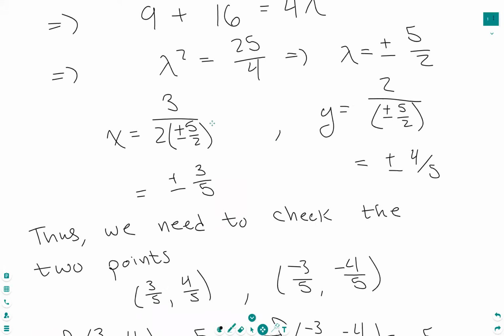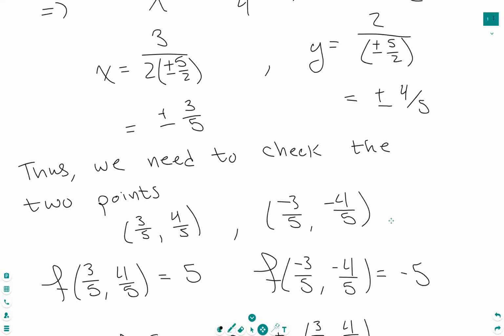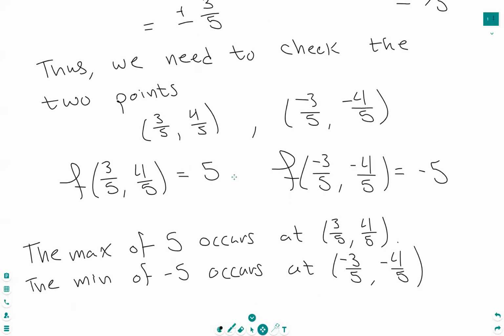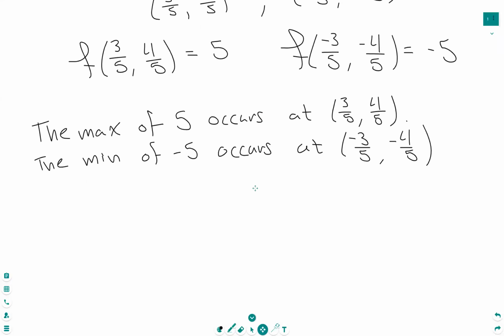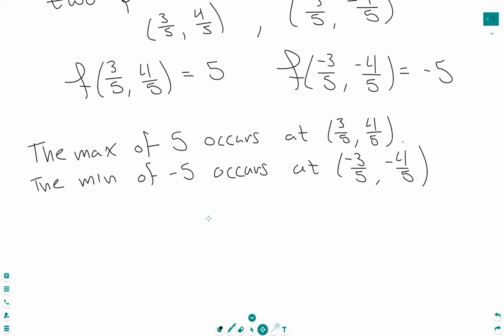Because what would have happened here is we could have accidentally said this was 4 points when it's really not, and we would have tested those 4 points, and maybe one of those happened to be larger or smaller, but it's not necessarily a local min or a max. So we would get into trouble there. But it happened that even if we did that for this case, these would have still been the absolute max and absolute min.